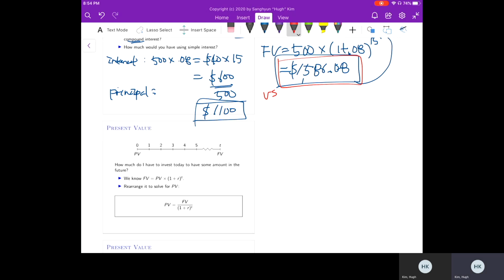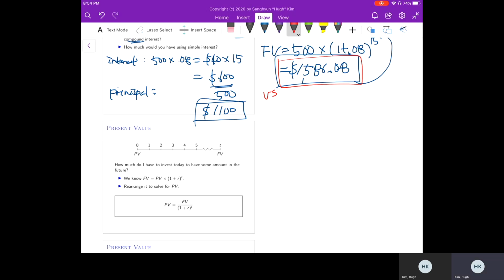Next, we're going to move on to the present value. So the second time value of money. So present value answers questions like this. How much do I have to invest today to have some amount in the future?